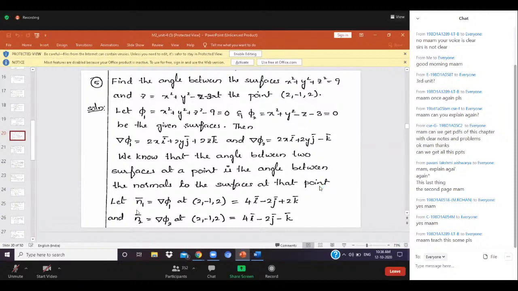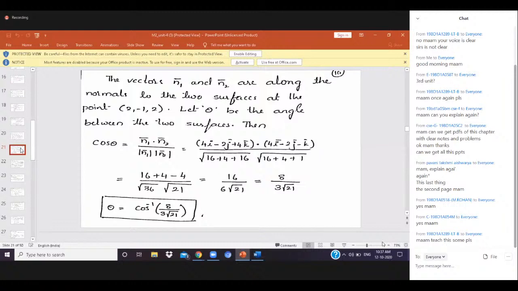So for that, n1 bar is equal to grad phi 1 at 2 comma minus 1 comma 2. Directly we write that as 4i bar minus 2j bar plus 4k bar, and n2 bar is equal to del phi 2 at 2 comma minus 1 comma 2. After substitution, finding del phi and substituting the point, we got 4i bar minus 2j bar minus k bar. Then theta is the angle between these two surfaces.